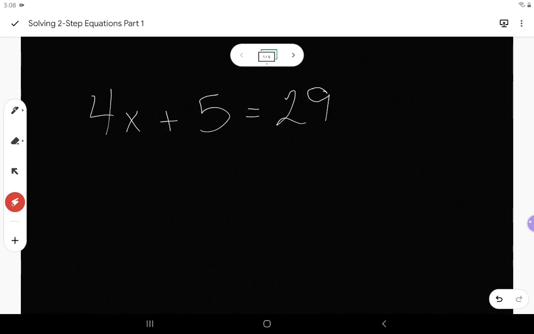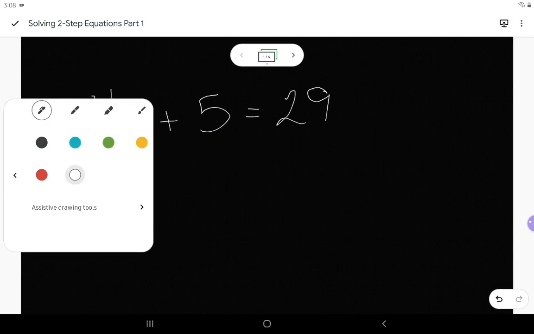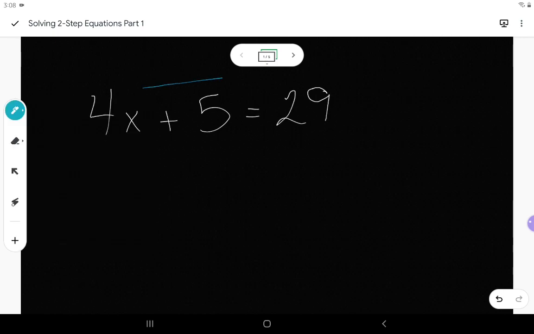So I'm multiplying first and adding second. And it's important to know that because what we're going to be doing is undoing all of these steps, but in backwards order. So if what I would do first is multiply x by 4 and then add 5 after, in order to undo that and go backwards, I need to get rid of this plus 5 first.